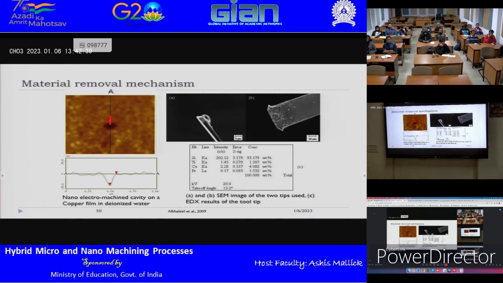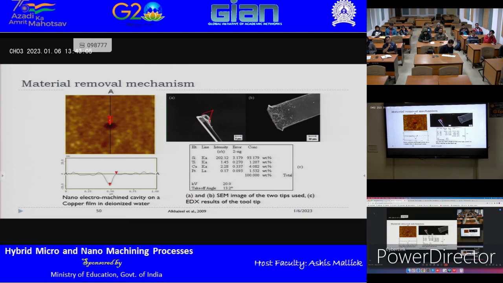So here you see the AFM tip is no longer sharp, right? Here I can show. Usually your AFM tip was like that, okay? The AFM tip was like that when they did the machining, but because of the melting process, the AFM tip became melted and burnt.